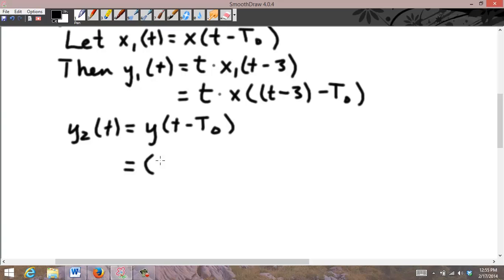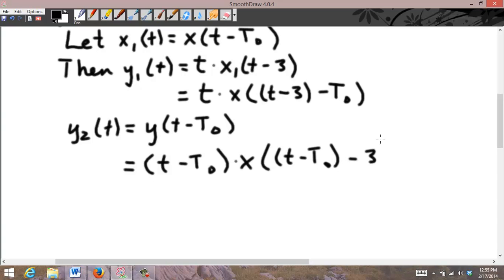So that becomes t minus t naught times x of t minus t naught minus 3. I have this extra term here that's multiplying x, so it is not time invariant, and I'll abbreviate that t I.